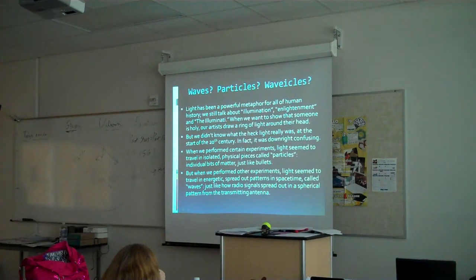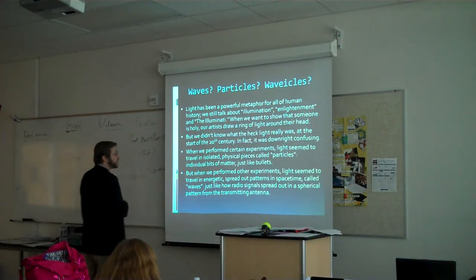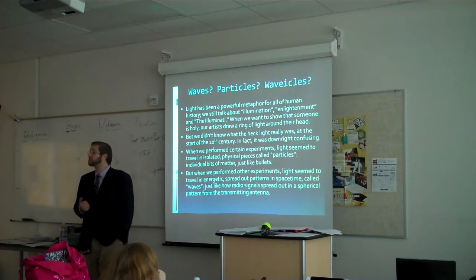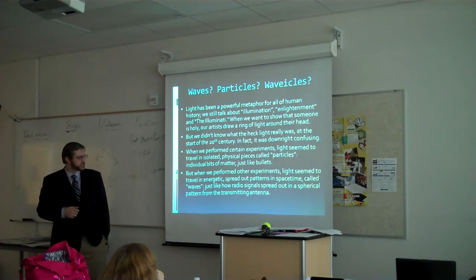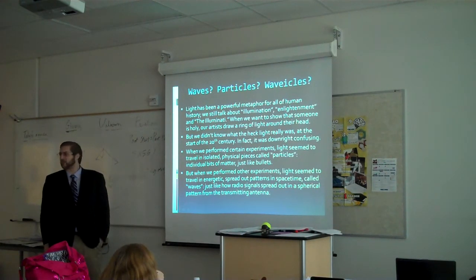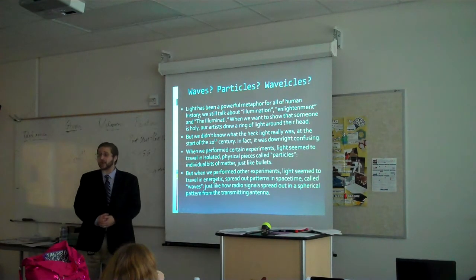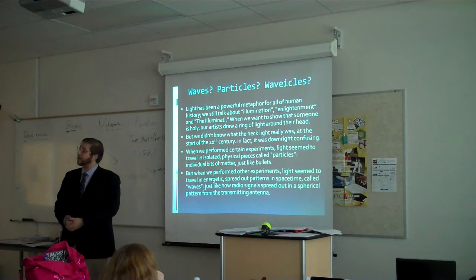When we performed some experiments, light seemed to travel in isolated physical pieces called particles, individual bits of matter, just like bullets. But when we performed other experiments, light seemed to travel in energetic, spread-out patterns in space-time called waves. Just like how radio waves spread out in a circle, or a sphere rather, from the transmitting antenna.